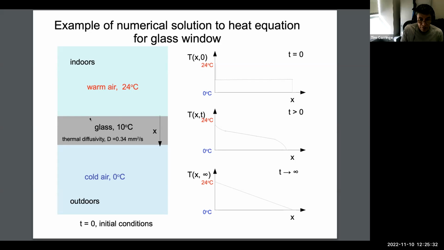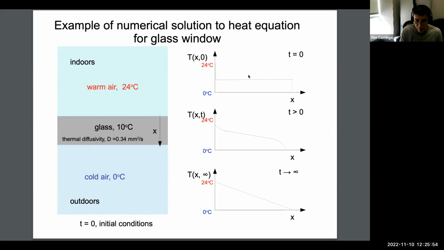For example, the side of the glass that's inside the house will warm up. The side of the glass that's outside the house will cool down. And we want to solve the heat equation to find out exactly how the glass warms up, cools down, and develops a temperature gradient from the inside to the outside of the house.